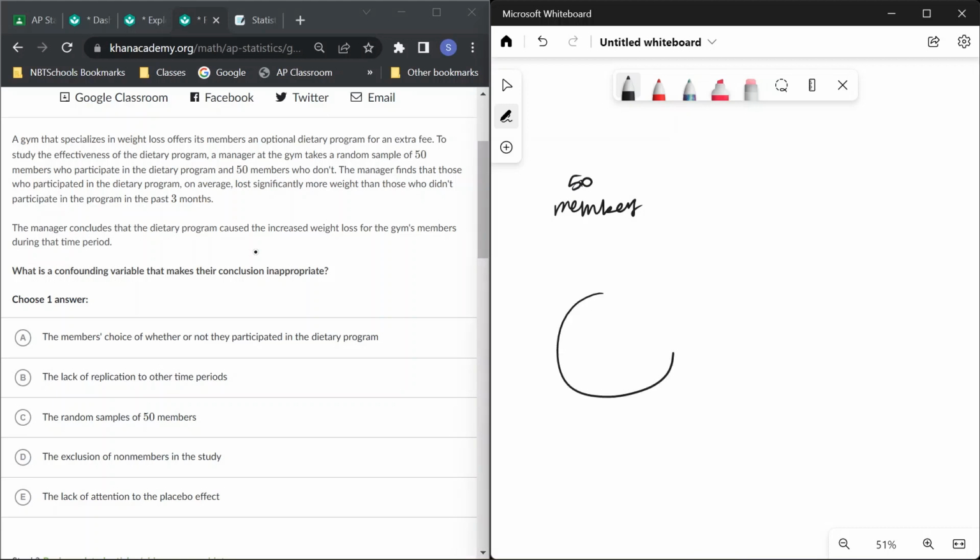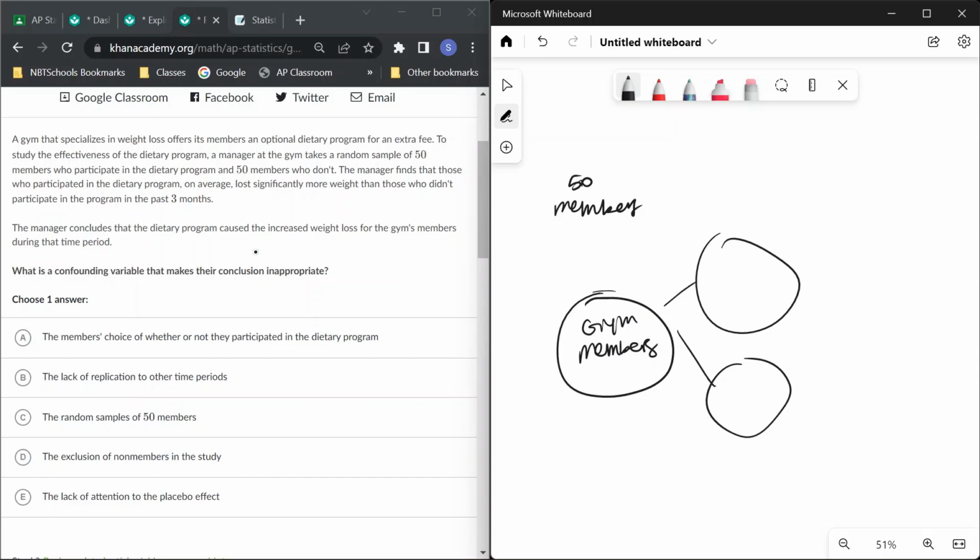So we have a gym, right? Gym members. And I'm assuming that out of the gym members, we're taking those who are in the dietary program and those who are not in the dietary program, and they take a sample of 50 from each.